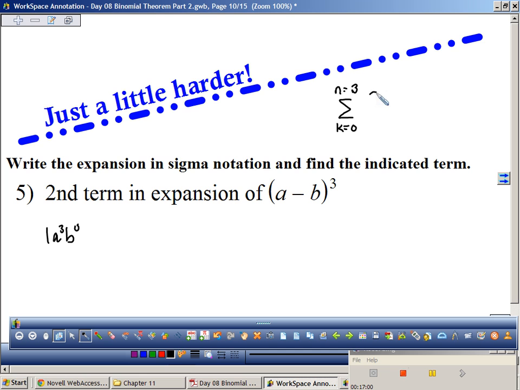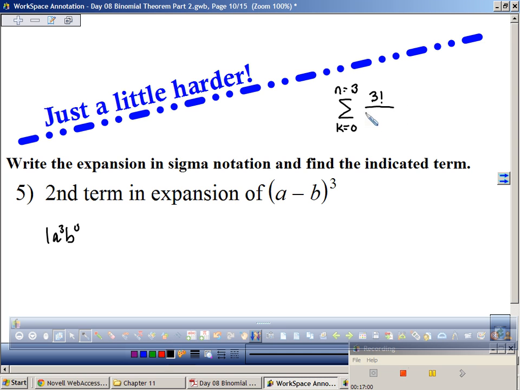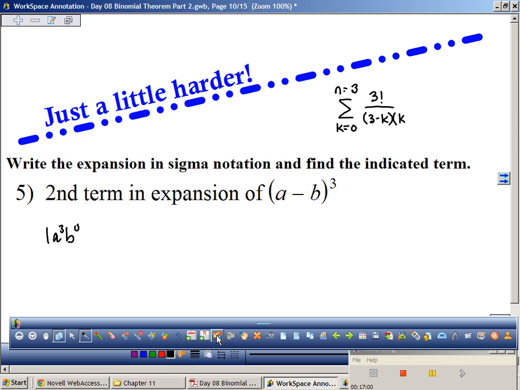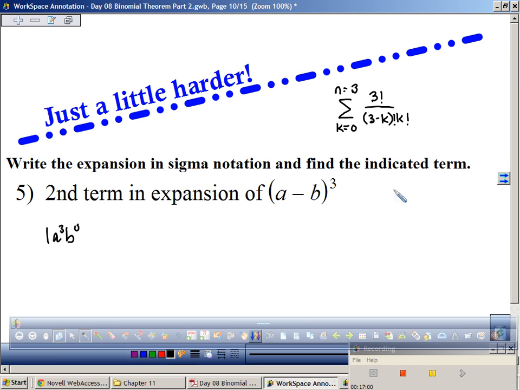So this is going to be 3 factorial over, that's where it gets scary. It's not that scary though, and I'll explain in a minute. 3 minus k times k, I don't really need the parentheses there, times k factorial. This needs a factorial too. Hold on. Don't. Whenever you interrupt, you're interrupting other people's thinking. Okay?